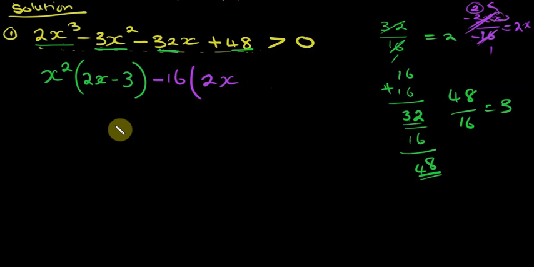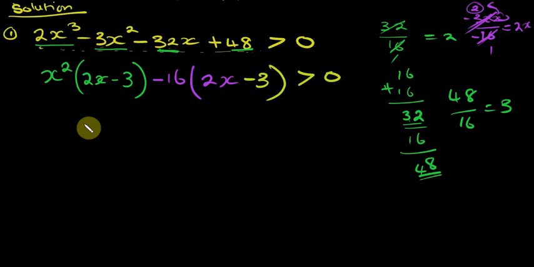We have 48 divided by minus 16, and a positive divided by a negative gives us a negative. And 48 divided by 16 is 3. So we have minus 3 for this one. So x squared, open bracket, 2x minus 3, minus 16, open bracket, 2x minus 3, is all greater than 0.